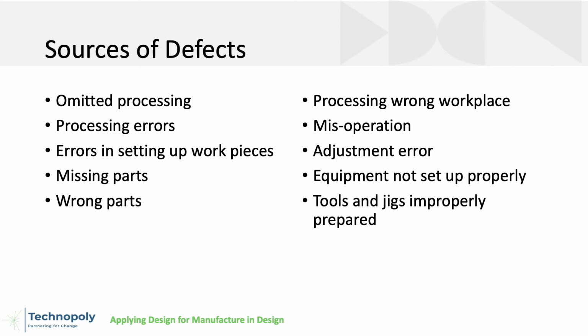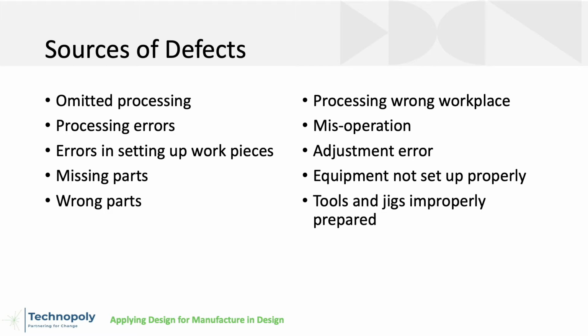When we look at these errors or mistakes, they often appear as defects in your products or processes. Defects can be in the form of something that was omitted, meaning it was not done. It could be an error in the actual work that was done, like a processing error. It could be an error in the setup, or there could be missing parts or wrong parts used.